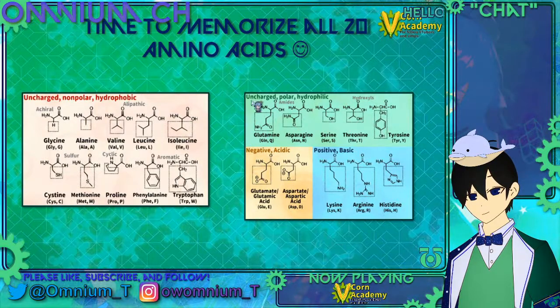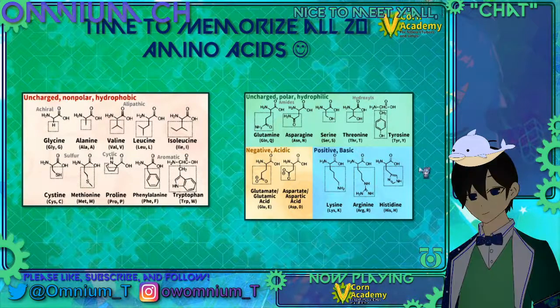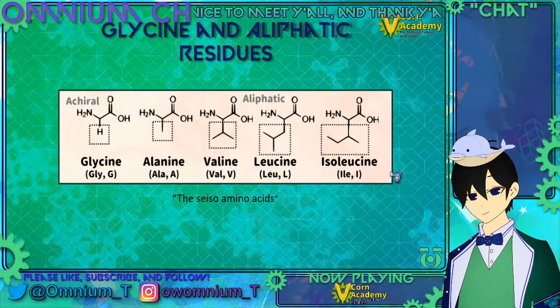I based this on two of my notes. My cell biology class also talks about amino acids, and it says different things compared to my biochemistry class. But let's go through them.